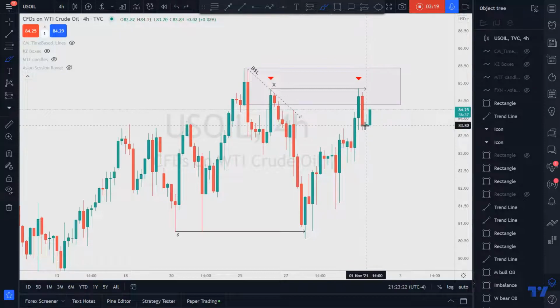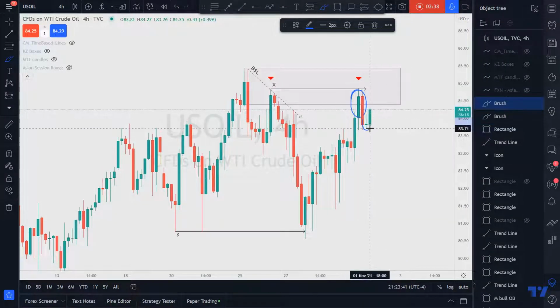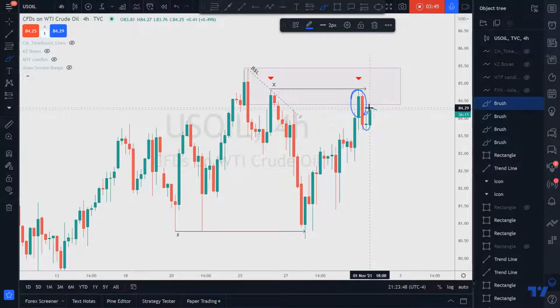So when price comes up here, it's testing this candle, what I call the base candle of this bearish engulfer pattern. This is the base candle of a budding order block, and I'm hoping that price comes up and retests. It's already tested once, and here comes the second mitigation.